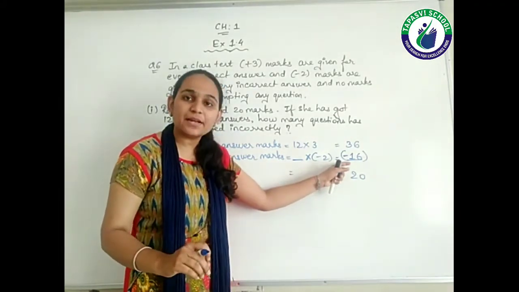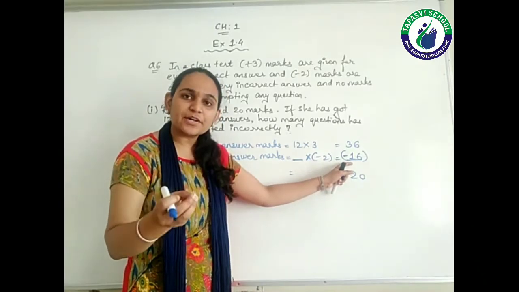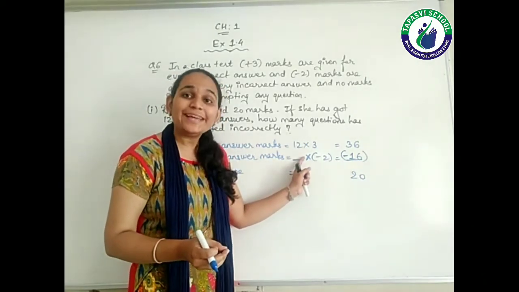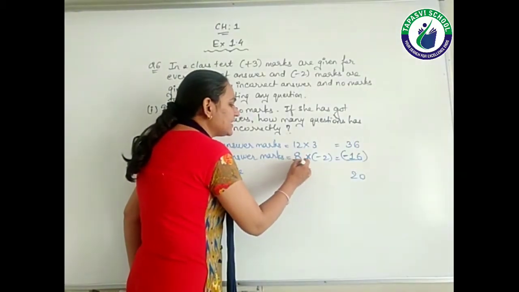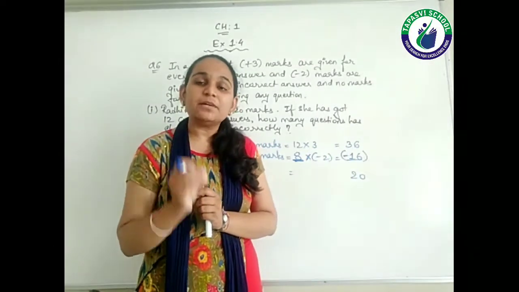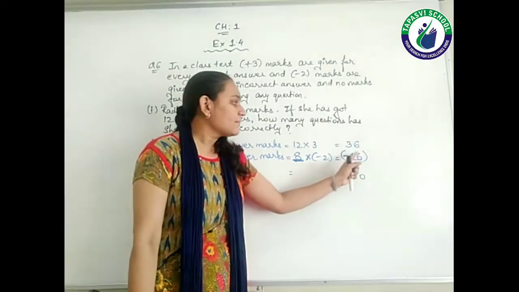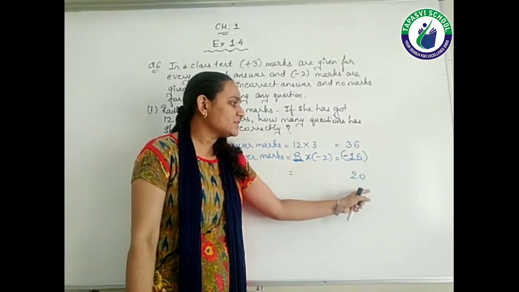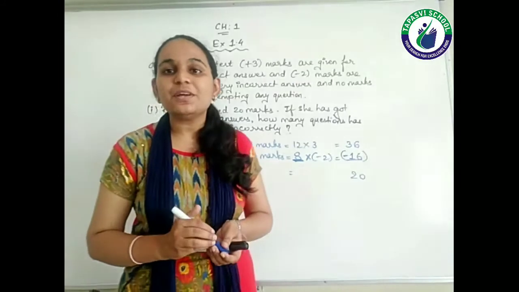If 16 is the product answer, then the value here should be 8. So I can write 8 here. That means she has attempted 8 questions wrong. So 8 multiplied by minus 2 is minus 16. Now if you subtract, 6 minus 6 is 0 and 3 minus 1 is 2, giving 20. So this is how the calculation needs to be done.